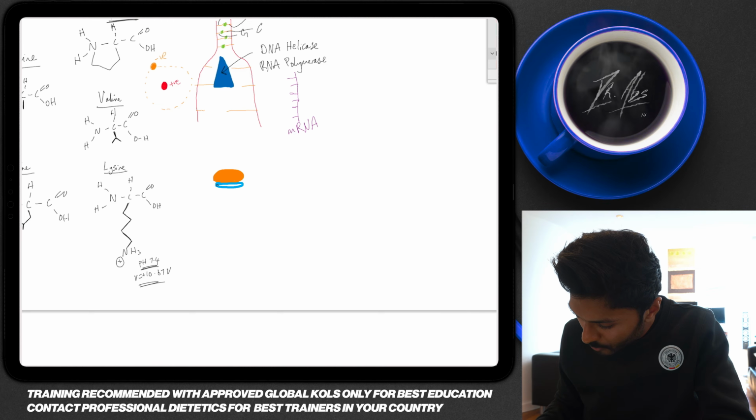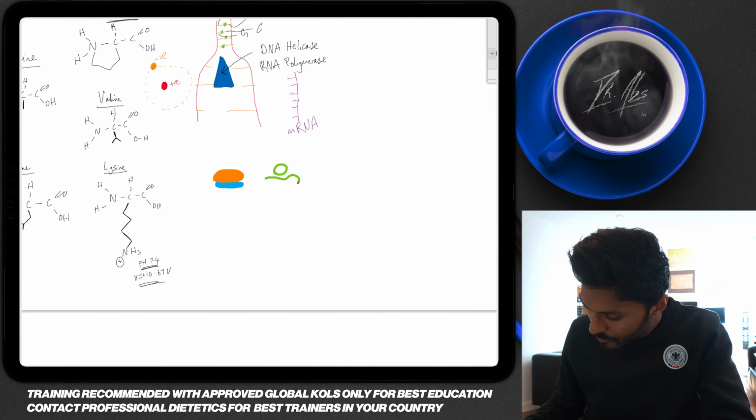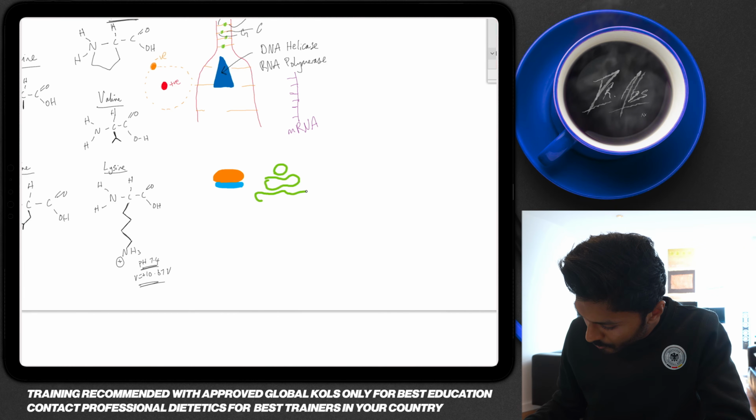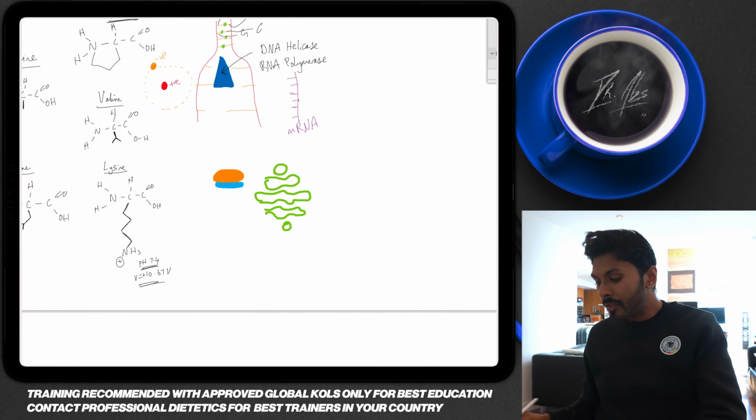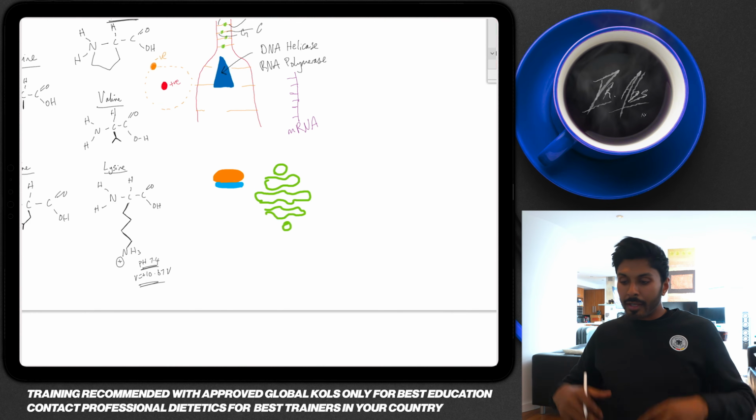Ribosomes are usually made up of different subunits, maybe a big one and a small one. Then I'm going to draw a Golgi apparatus here. Like that. These are factories in the cell. There's lots of different factories.